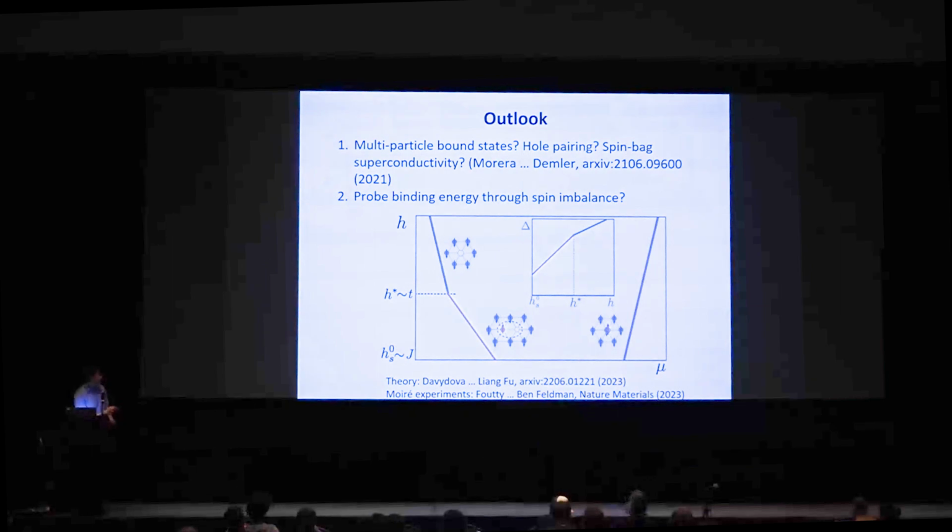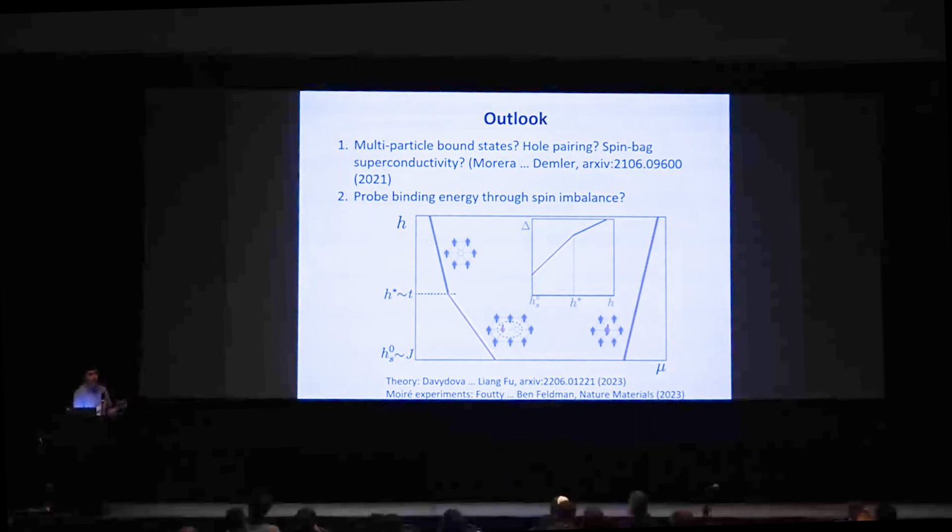For example, our collaborators Eugene and Devon have been predicting multi-particle bound states, where you have multiple magnons and multiple holes binding together. This might provide a way for hole pairing at T scale rather than J scale. So this might be a mechanism for high temperature hole pairing that we could look for in these experiments, and eventually these holes might condense and form a superconductor, as has been seen in some of these materials.